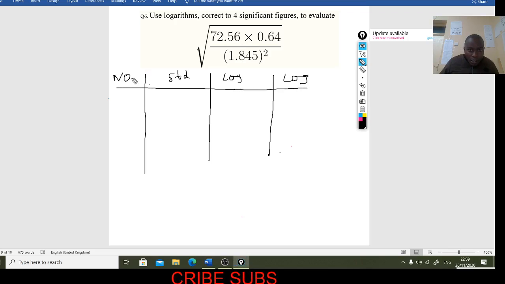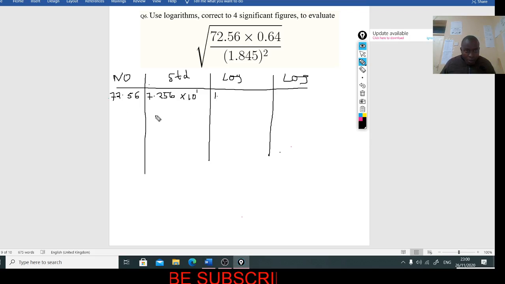Then you start with 72.56, so I write it in standard form. It will be 7.256 times 10 raised to power 1. I moved to the left one step, so the logarithm starts with 1 point.